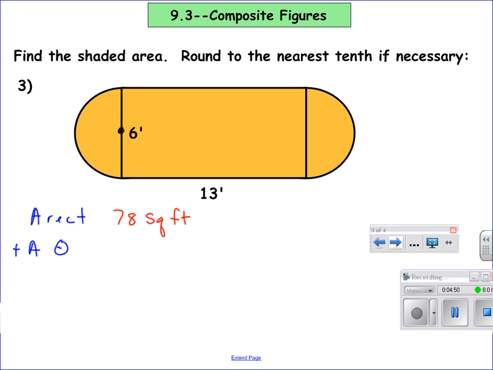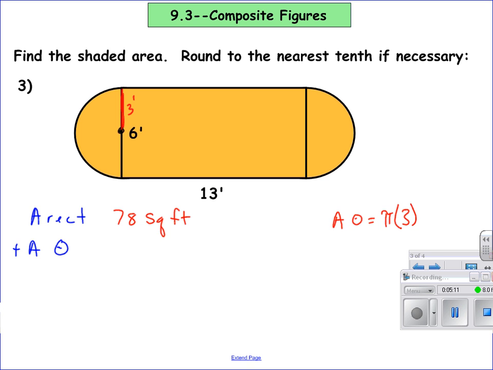If it's 6 feet all the way across, then my radius is 3. Make sure that you know the difference between a radius and a diameter, and you account for it accordingly in your work. Okay, so the area of the circle equals pi times r, which is 3 squared. So I get 9 pi there.